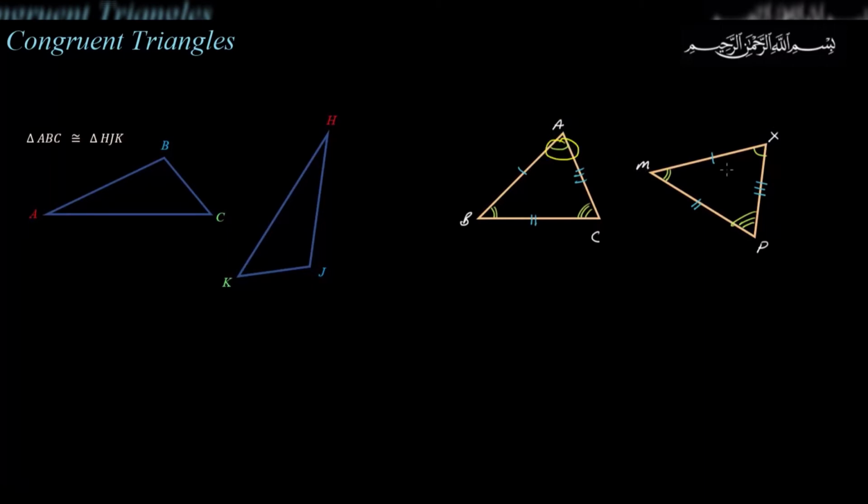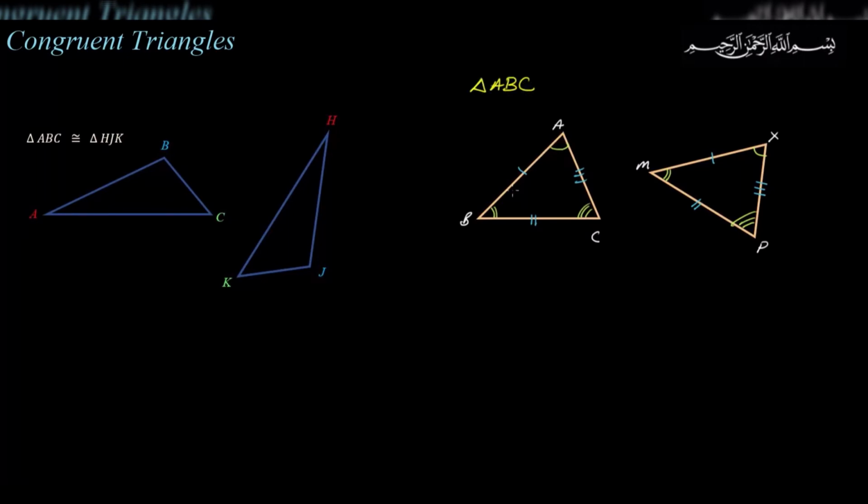These tick marks here suggest the angles are congruent, and these tick marks here suggest the sides are congruent. That's how we figure out how they are congruent. In this case, all the corresponding sides are congruent, and all the corresponding angles are congruent.